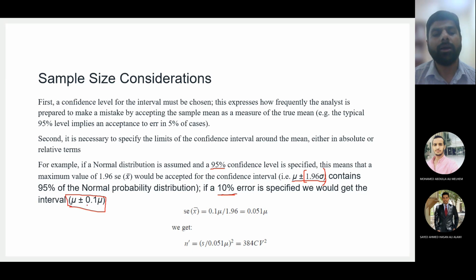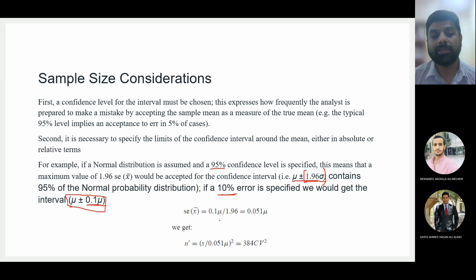So this means 0.1 mu equals 1.96 sigma, because one is the standard error allowed by the central limit theorem, and the other is the error allowed by the client. So they should be equal, right? If I want to collect enough samples to fulfill the central limit theorem, meaning I'm getting 95% of the data, and at the same time the error does not go above 10%, then 1.96 sigma should be equal to 0.1 mu.